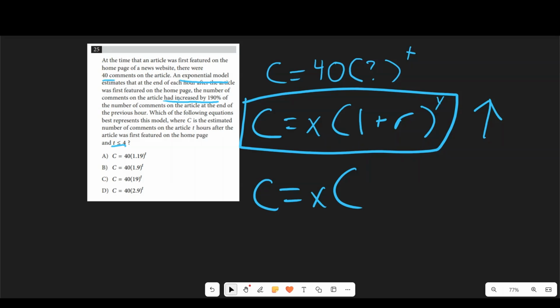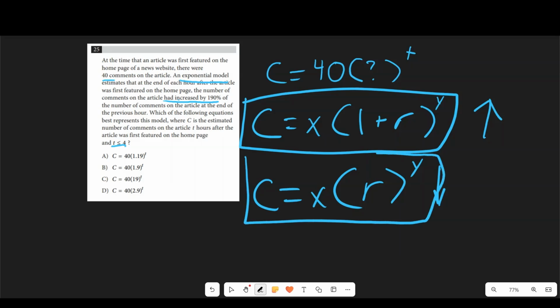Because you can imagine that it's decreasing by some rate, and whenever you have an exponential that is decreasing by a rate, you're just taking a percentage of that, which means you're taking some portion of the previous whole. So you would just have a rate. Hopefully that's making sense. If not, let me know in the comments because I'll try and explain it better. So that is for rates that are going down.